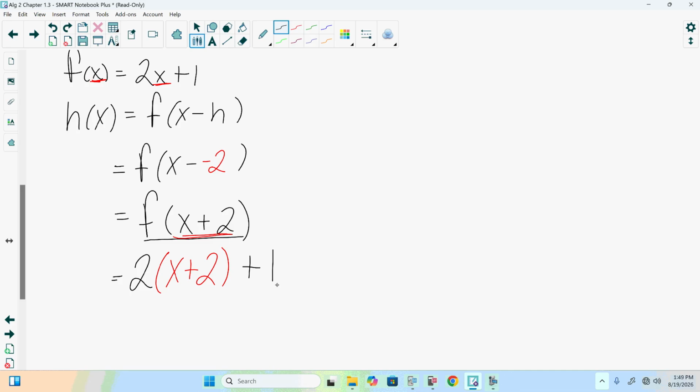This seems very new, having to do this. Y'all have actually done this before. Evaluate the given function f of x when x is 3. Because if we evaluated f of 3, we would have said 2 times 3 plus 1. We plug the number in and we solve.